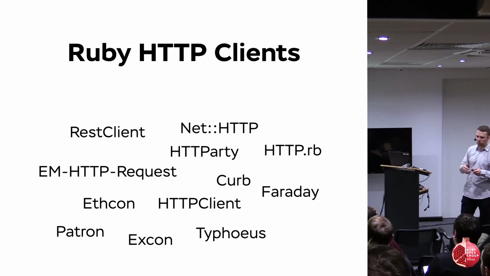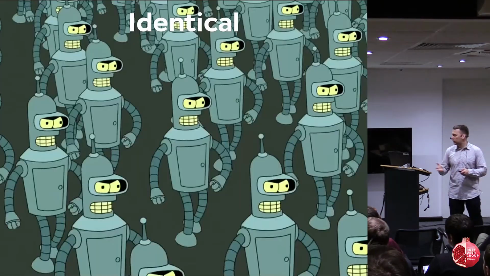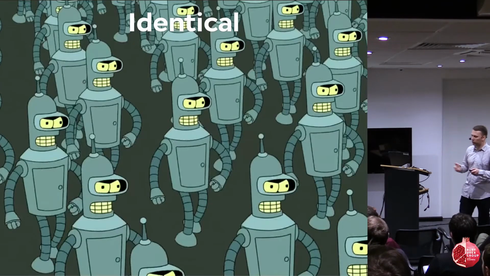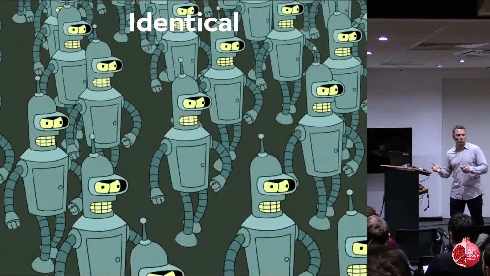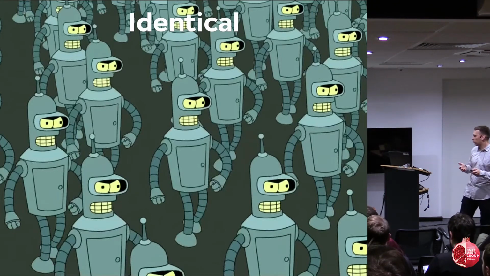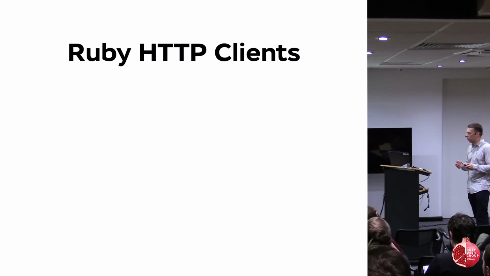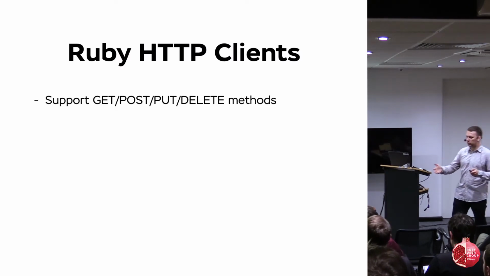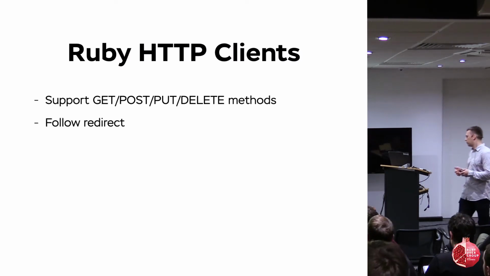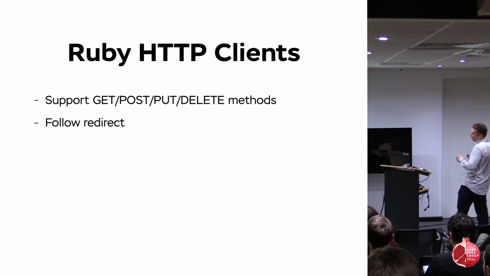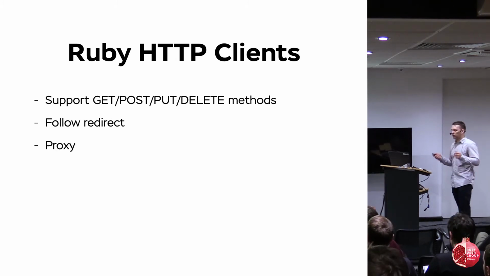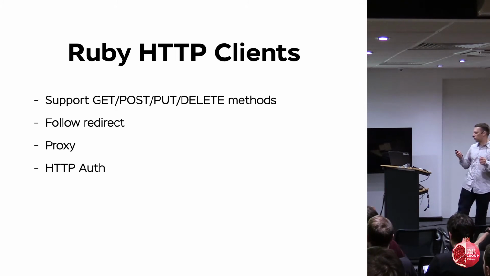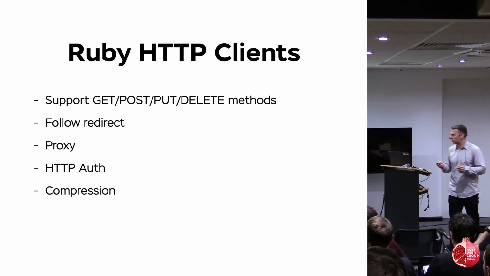If we consider them just through README, they appear to be almost identical. You open and see that they are very similar. All of them support all kinds of requests, follow redirect, proxying, authentication. What else can there be?